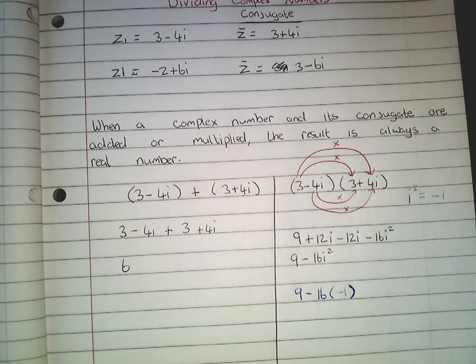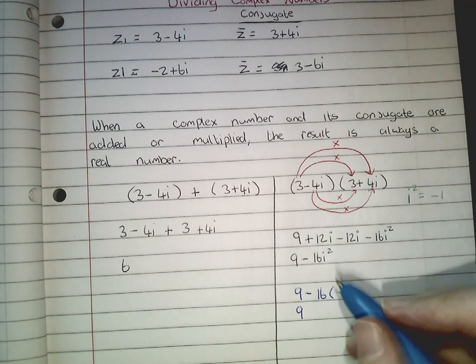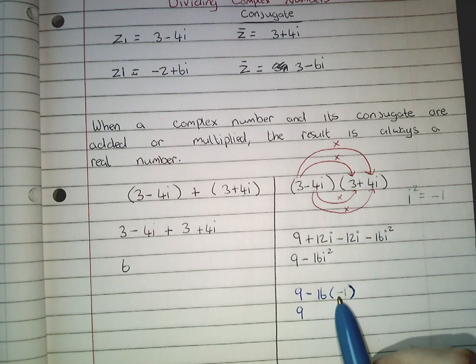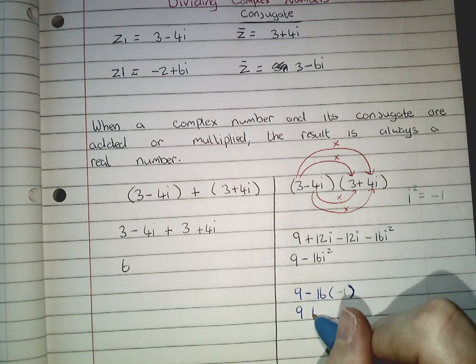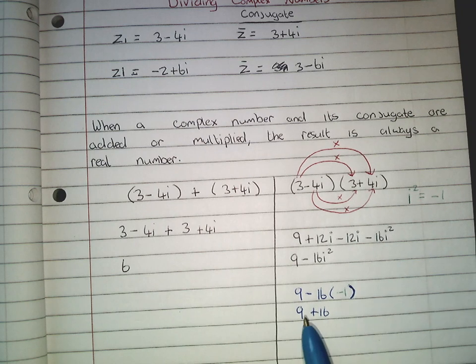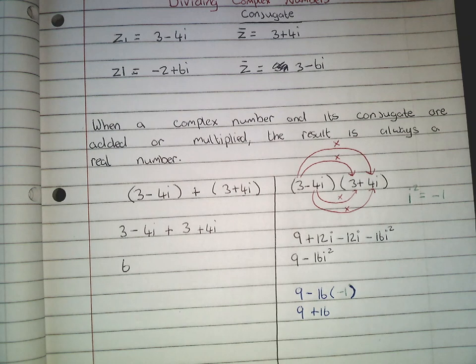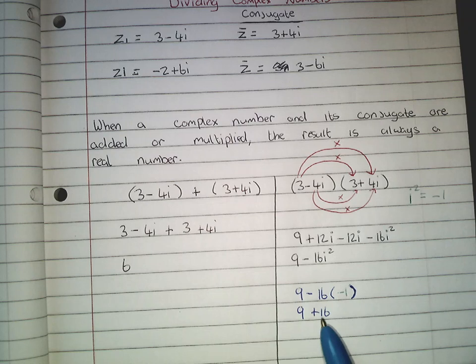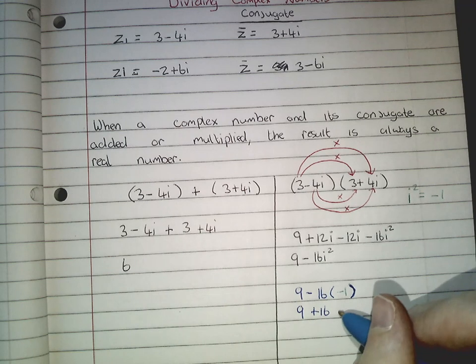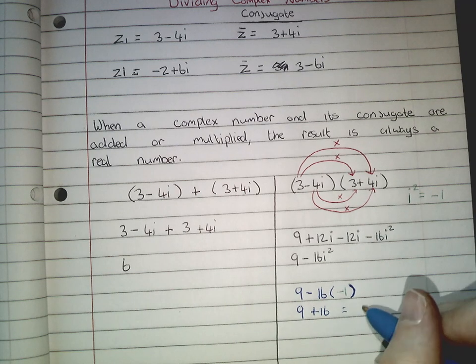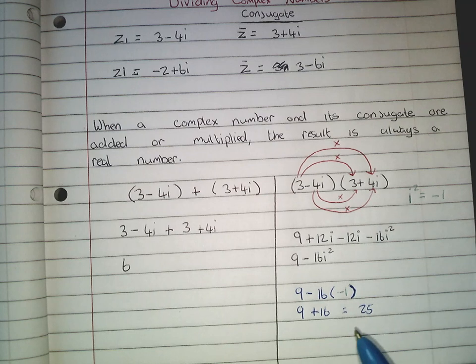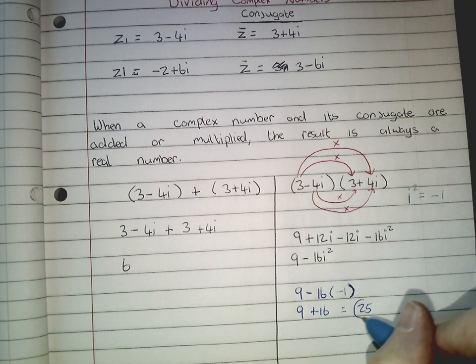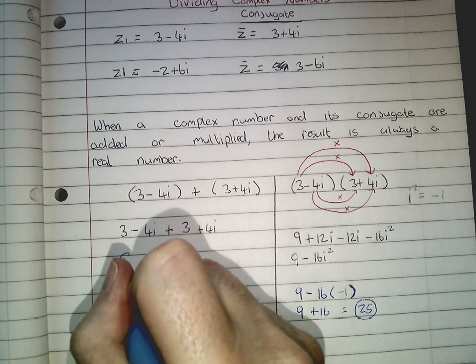This is going to be equal to 9, and minus 16 multiplied by minus 1 gives us plus 16. And 9 plus 16 is equal to 25. So 25, again, that's a real number, just like this one here is a real number.